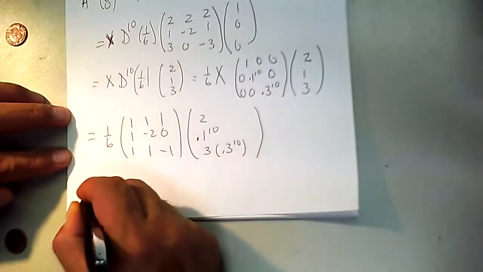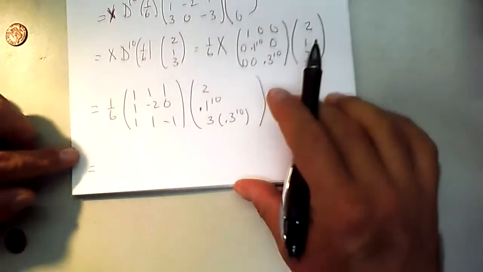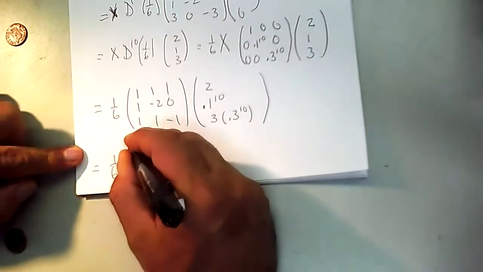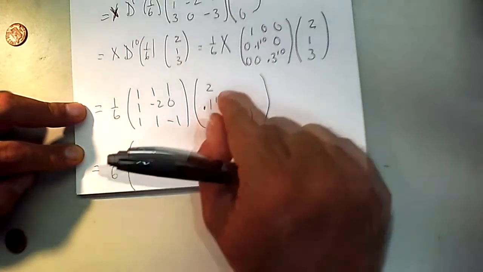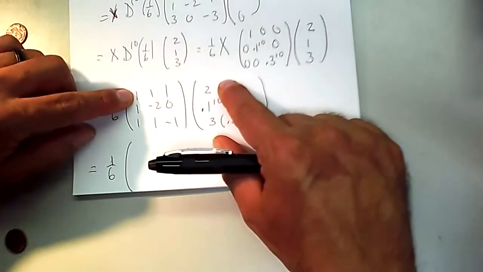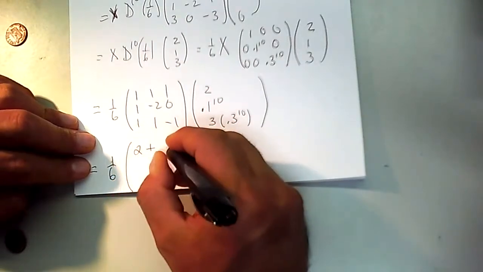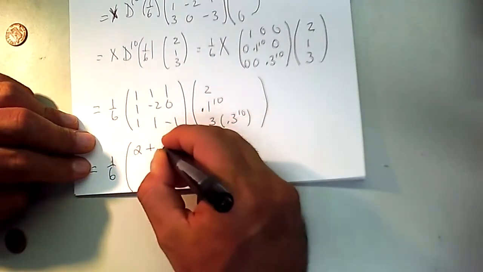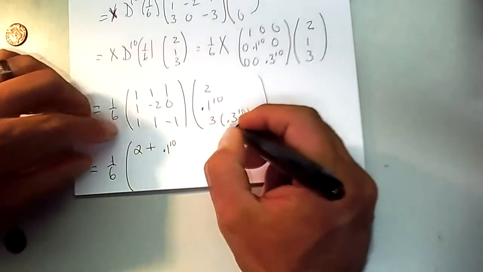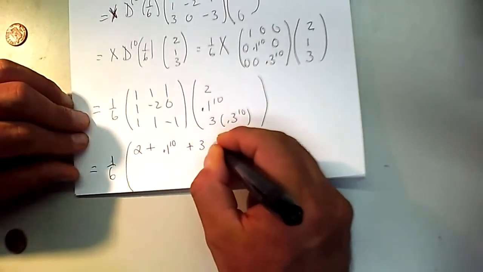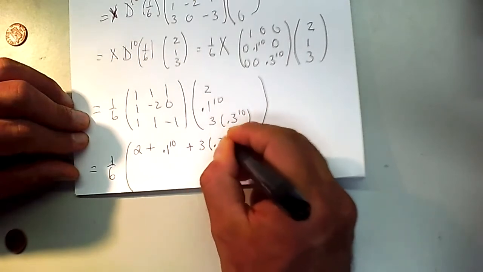Okay. And that is, when we multiply all of that together, 1/6. Okay, so this is a column vector. Each one of the entries will be a little long because we're going to multiply 2 plus 0.1 to the 10 plus 3 times 3 times 0.3 to the 10.